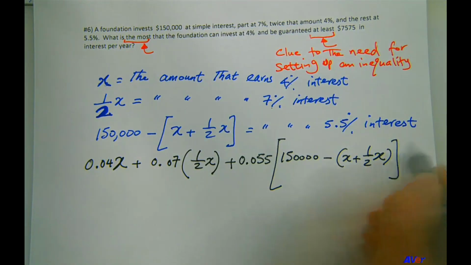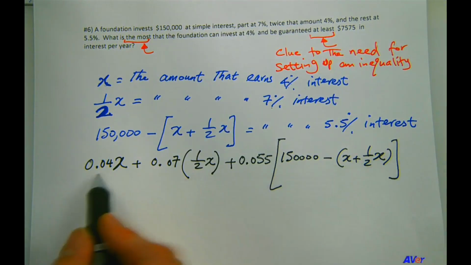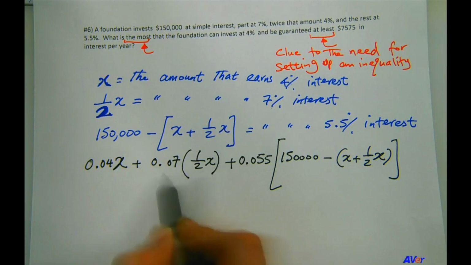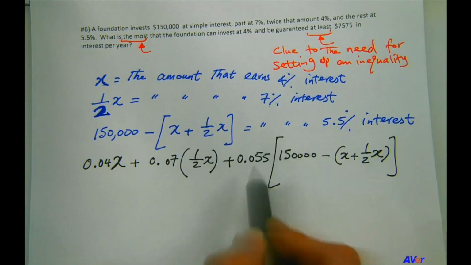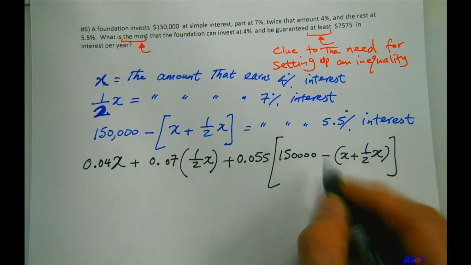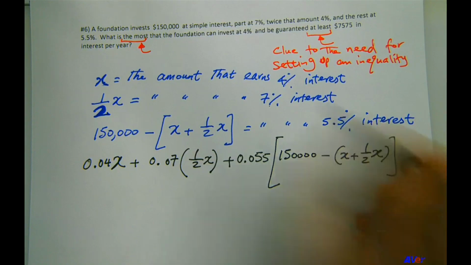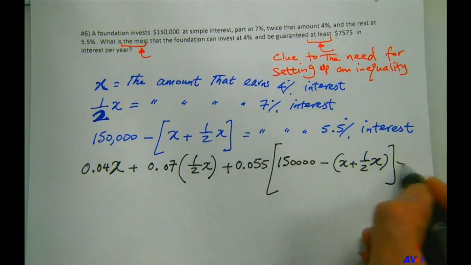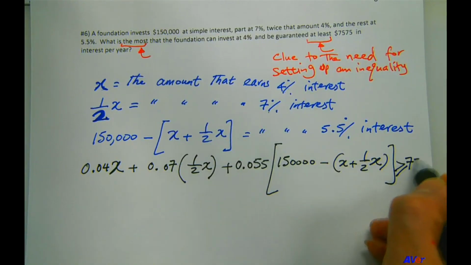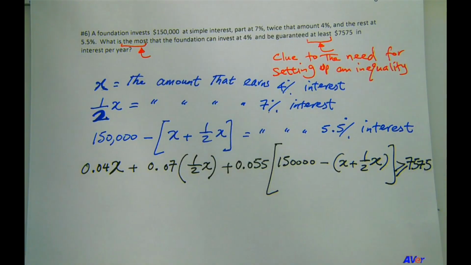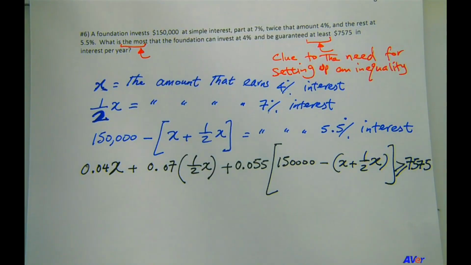And we want all of this interest, from the account that earns 4%, the account that earns 7%, and the account that earns 5.5%, to be at least that much. So greater than or equal to 7,575. And I'm running out of room there. Okay.